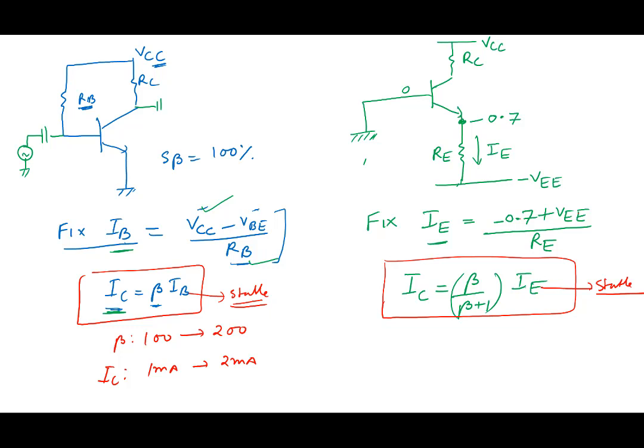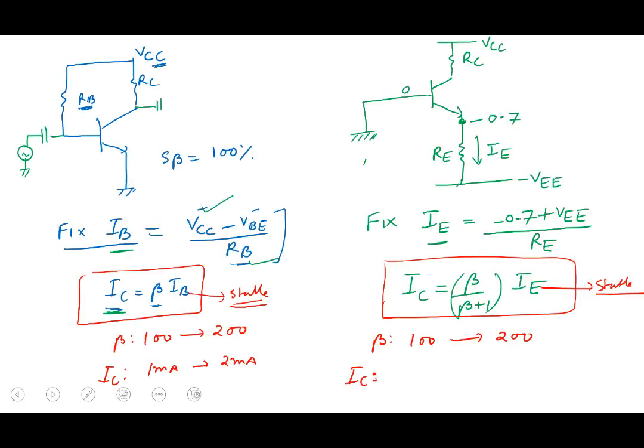In this case, for example, if beta goes from 100 to 200, what do you think will be the variation in IC? Let's say we have fixed the value of IE to be 1 milliampere. IC will be, for 100, if my calculation is correct, 0.99, and if on the other hand beta is 200, it will go to 0.995.